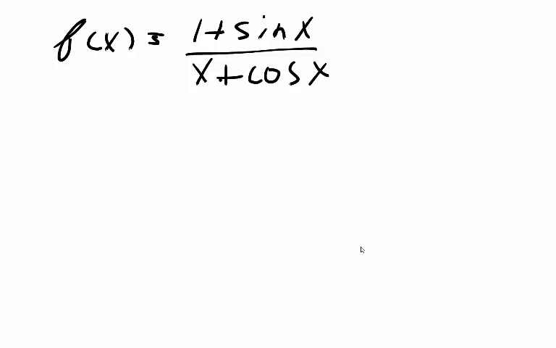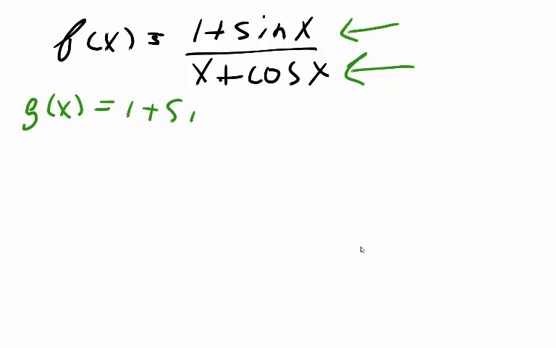The first thing I would do is label the functions in the numerator and denominator of our expression. So let's let g of x equal 1 plus sine of x, and we'll let h of x equal x plus cosine of x.